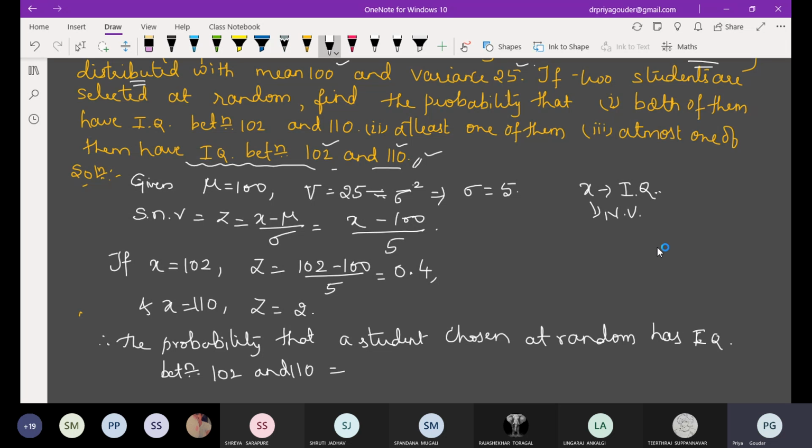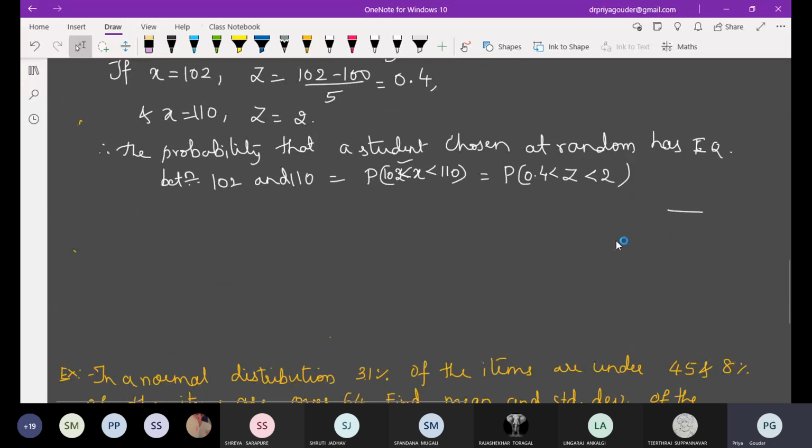Tell me how it is given by probability of what I have to consider? 102 less than X less than 110. This is to be converted in terms of Z only. Always convert to the standard normal variate. So if X is 102, Z is 0.4. So in place of 102 I write 0.4 and in place of 110 I write 2. Correct?